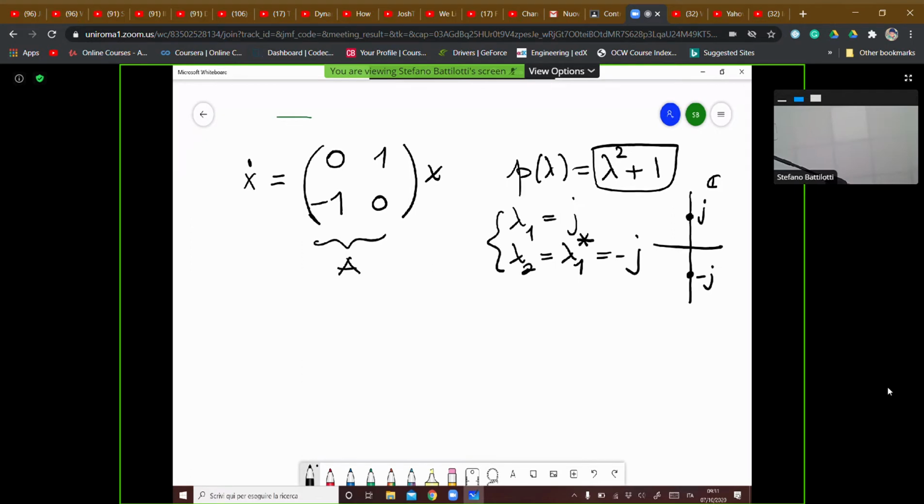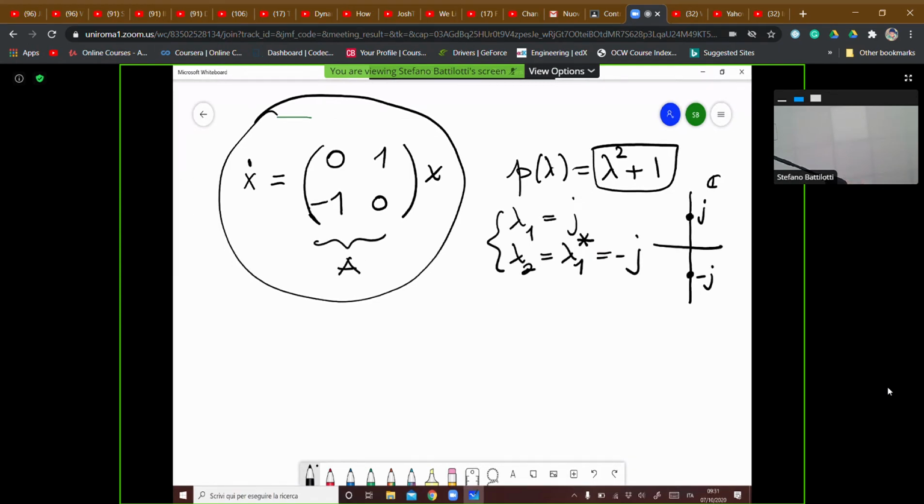Okay, so we expect to see pure oscillations, not amplified nor attenuated. Okay. As a matter of fact, this is the model of what we call an harmonic oscillator. This is a system which oscillates, gives pure oscillations.